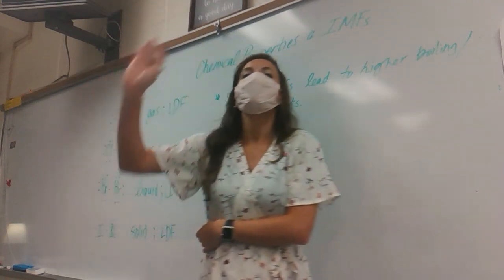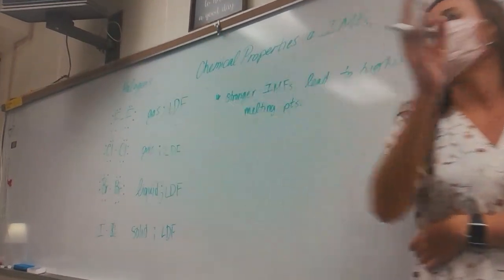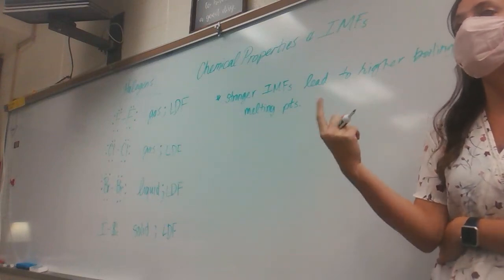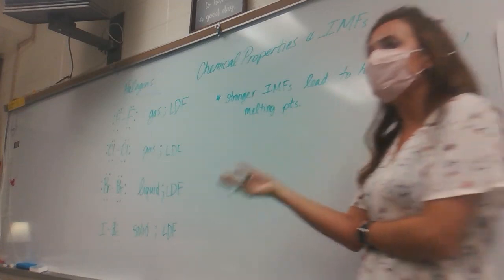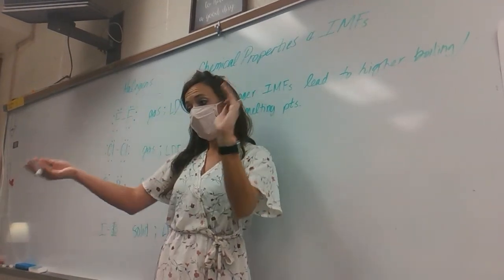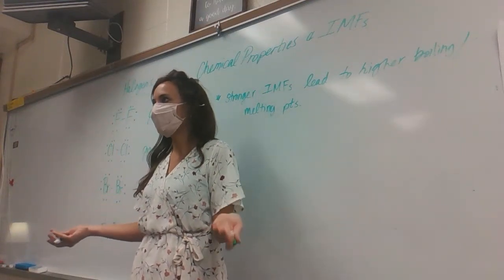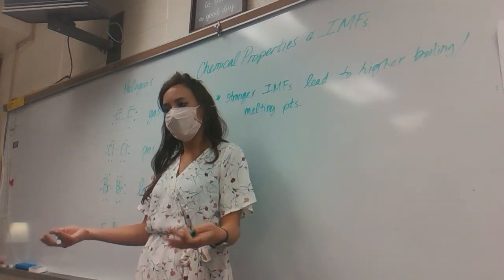So for me to say LDF is the weakest, dipole is in the middle, and hydrogen bonding is the strongest, that's not true. It depends on the size of the molecule and other things. On the AP test, I will never ask you which is the strongest. But I might give you 2 molecules and their boiling points and ask you which has stronger intermolecular forces and to list them. It's just understanding the difference.